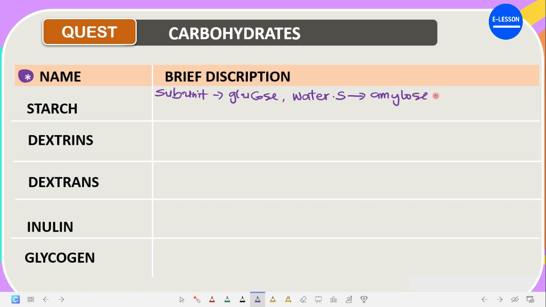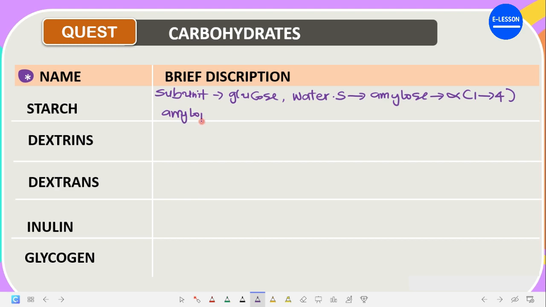Amylose is glucose coming together, because we said they are made up of glucose subunits. The amylose part of starch contains glucose joined together by alpha 1,4 glycosidic linkage.